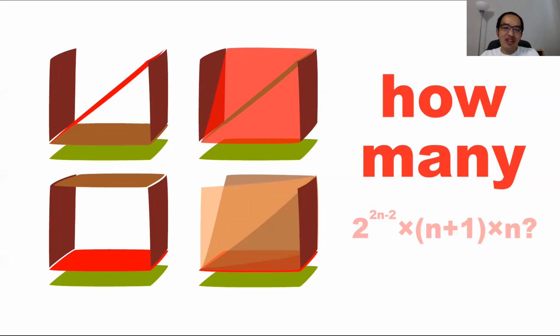Let me explain a little bit why we put this. The 2 to the n minus 1 minus 2 is basically the number of things we will have in cubical Agda, because you can decide whether you want this face or not. And then the n plus 1 choose 2, because you have the top and down, and you also have different kinds of diagonals in the middle, right?